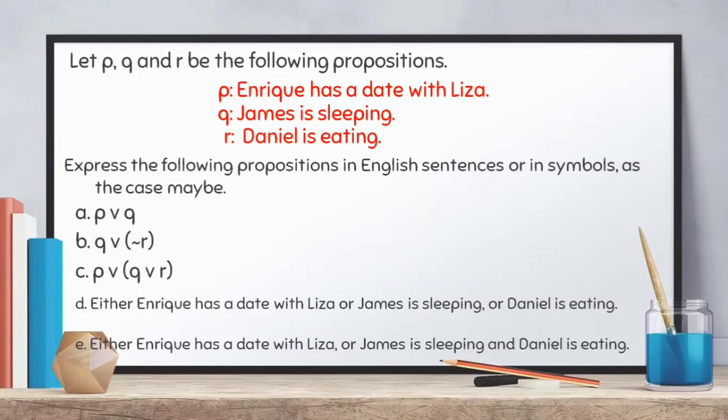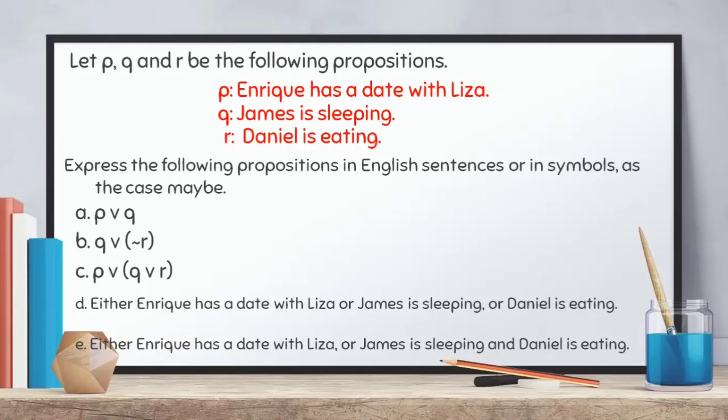So let P, Q, and R be the following propositions. For proposition P, Enrique has a date with Liza. Proposition Q, James is sleeping. And proposition R, Daniel is eating. Express the following propositions in English sentences or in symbols as the case may be.